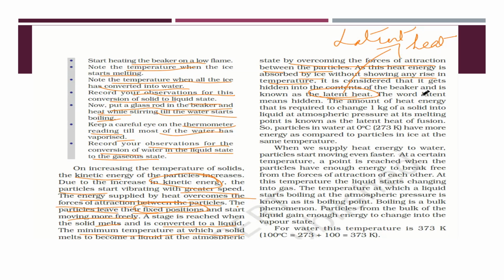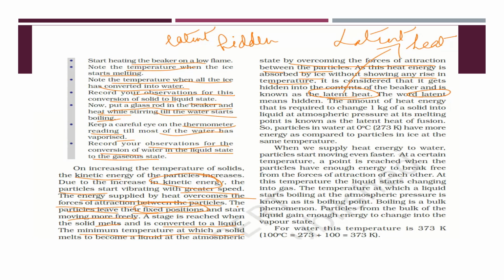So what does the term latent mean? The term latent means hidden. So latent heat is the hidden heat. The amount of heat energy required to change 1 kg of solid into liquid at its melting point, at atmospheric pressure, is known as the latent heat of fusion.